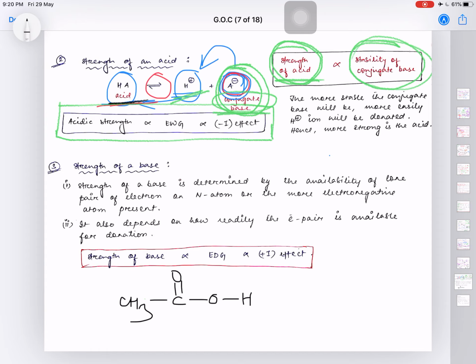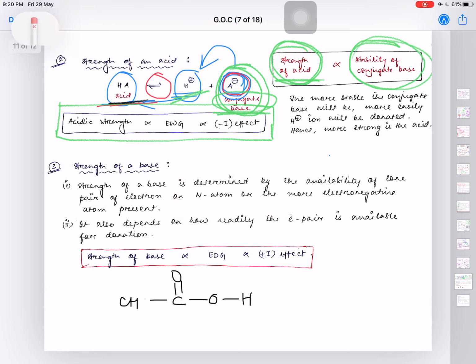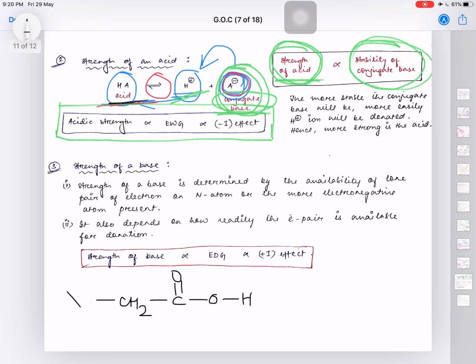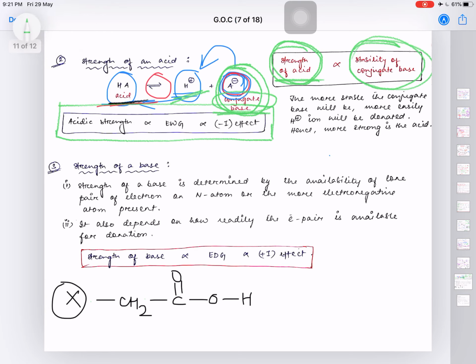Now we will add one more group to this CH3. Let us make it CH2 and another group here, say it is X. Now this group X, if X is an electron donating group, say you have X as an electron donating group.